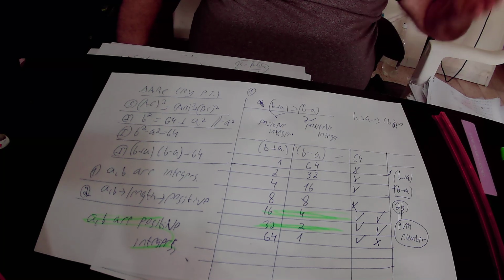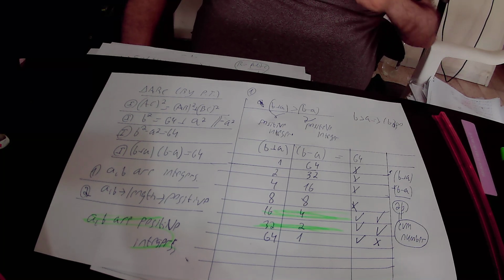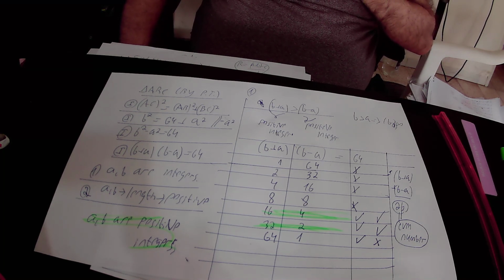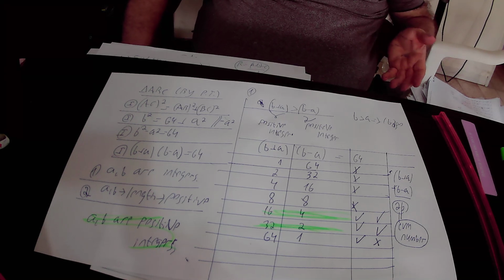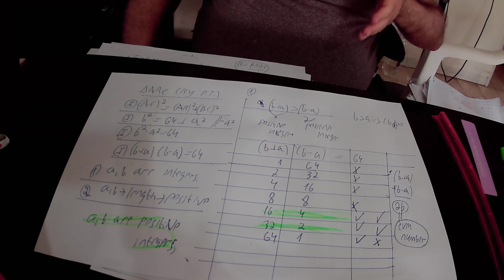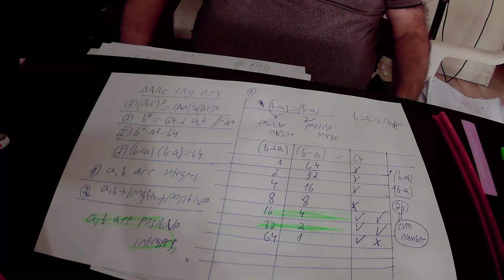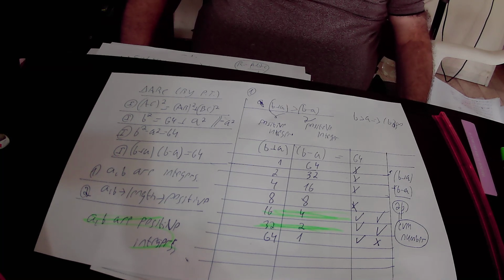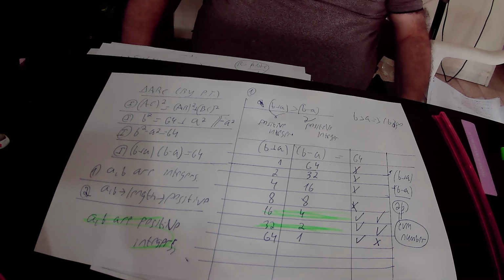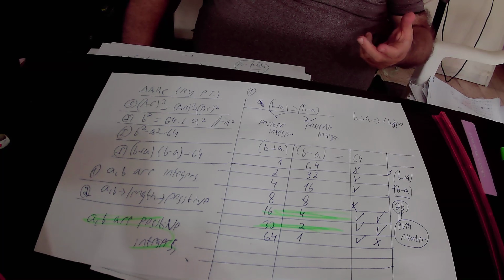That is to say, b minus a is a positive number. But because b and a are positive integers, therefore, if b minus a is a positive number, it must be a positive integer.